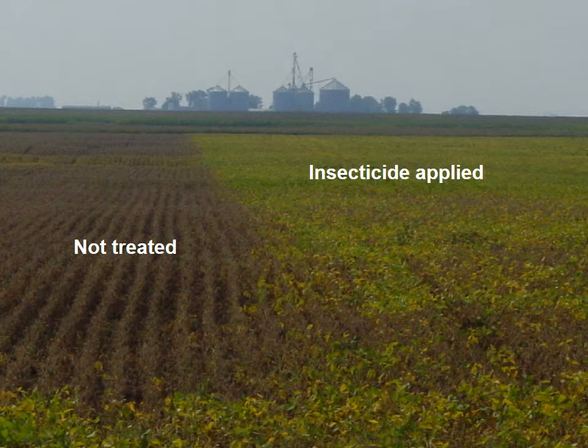And actually I've seen overhead pictures where a spray rig or a plane came in and sprayed, and where it couldn't get up to, say, the grain legs up there at the top of the picture, you saw great big brown patches where the aphids were allowed to just go crazy and just basically kill off what you have for a crop there. So on the left you see what looks like beans that might be ready to harvest, and that's actually not the case. That's beans that have been so severely defoliated by soybean aphid infestations that it basically stripped the leaves right off of it and killed the plant down. And so yield is going to be pretty severely impacted by a third or more there.